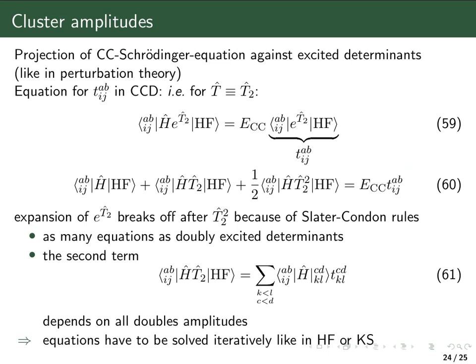And I have to do that until the amplitudes don't change anymore, sort of self-consistency again, like in the Hartree-Fock equations. Which of course is much more complicated than in Møller-Plesset perturbation theory. So coupled cluster is an expensive method because one has to iteratively solve these equations.